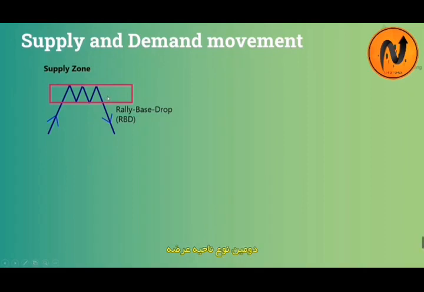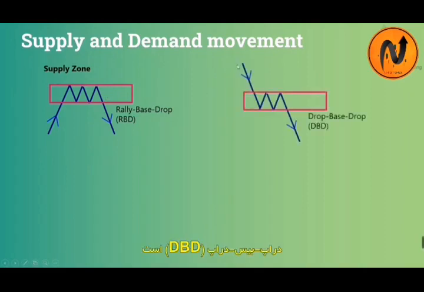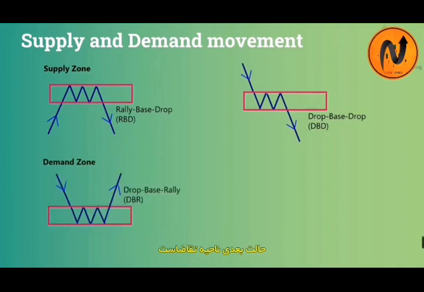The second type of supply zone is drop base drop, DBD, and this will be the supply zone. If you look at both movements, the end result is that it's pushing the price downwards, or in other words, it's selling. So the next will be, of course, the demand zone.